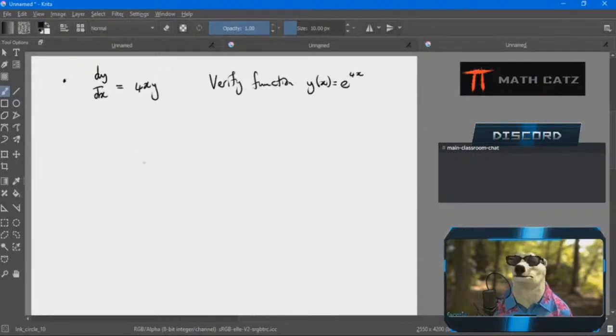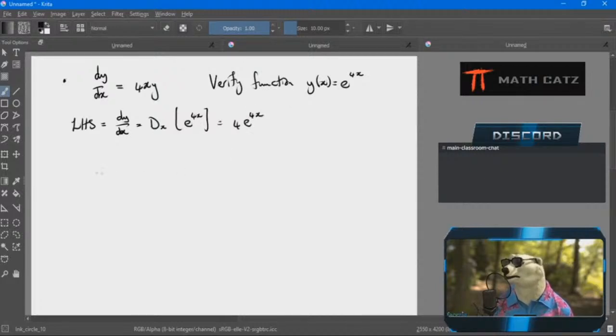All right. So now I go to the left-hand side and plug it in. The left-hand side requires that I take the derivative, so I will do that on this function. That is going to be 4e to the 4x. The right-hand side requires that I evaluate 4xy.